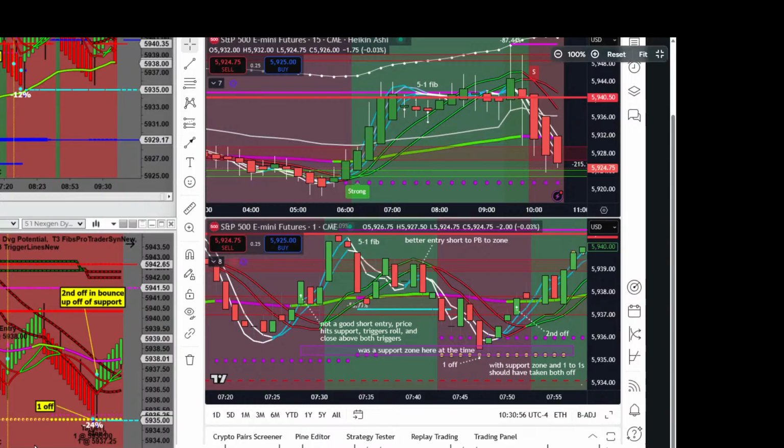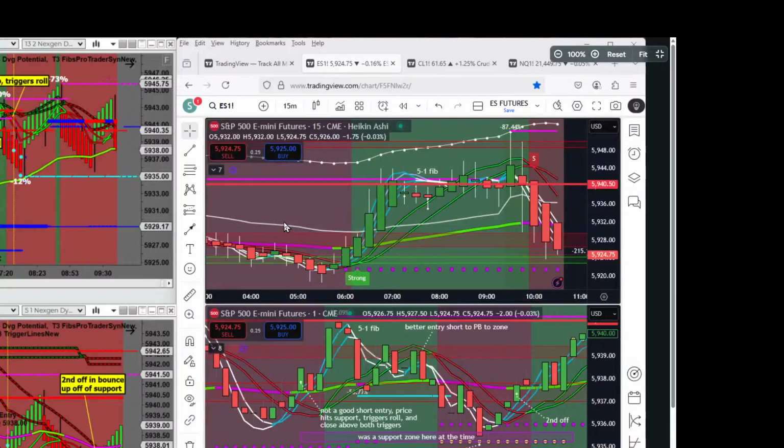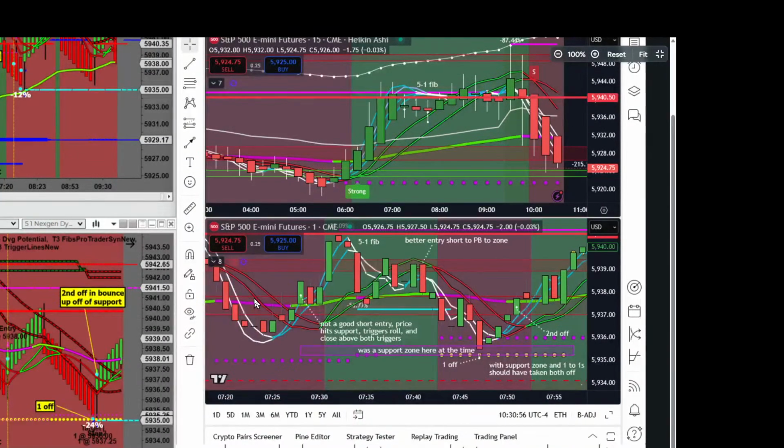Let me see if I can line up timestamps. 23. Oh, so it was over here. Your entry was right here. I don't know. That's a pretty good look. That's odds favorable momentum. After the termination, it just didn't work.